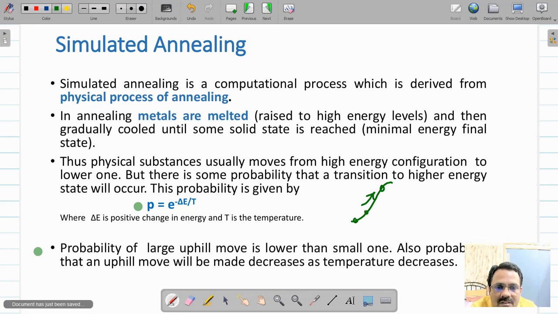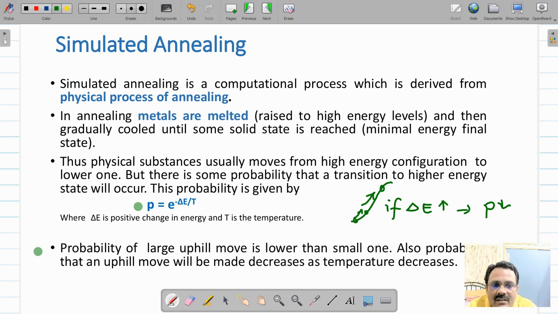That means going from this to this will be lower than this, because P is dependent on delta E. If delta E is high, if you put that in the equation, the probability of selecting that move will be low. Also, the probability that an uphill move will be made decreases as temperature decreases, as we have seen.